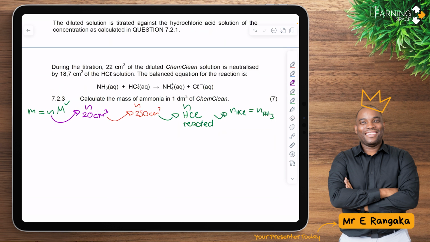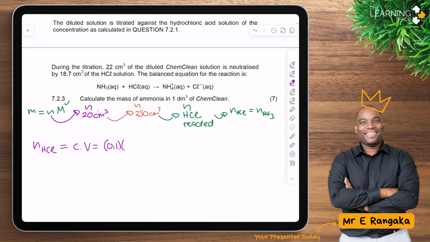First thing we need to do is find the number of moles of HCl that reacted. We're going to use information given to us here where we've got the volume and the concentration we calculated in a previous question. So step 1, calculate the number of moles of HCl that reacted. So n is equal to c times v. The concentration we worked out previously to be 0.1 moles per decimeter cubed.